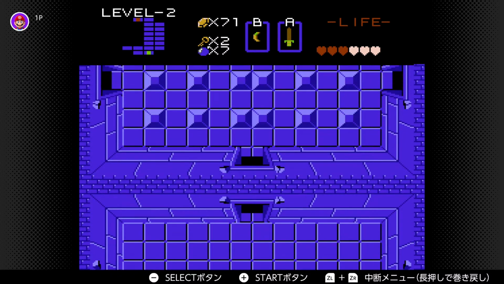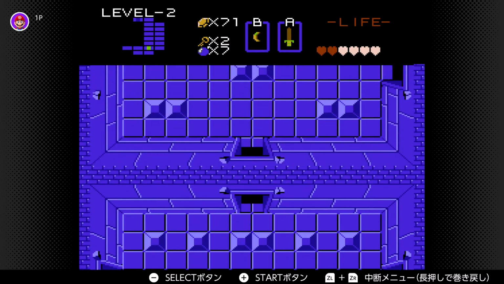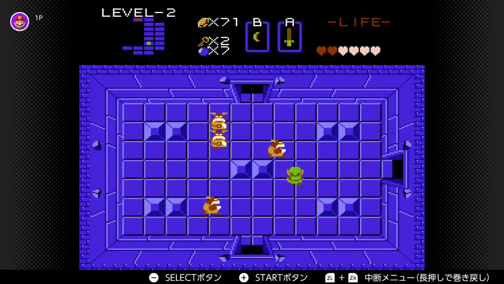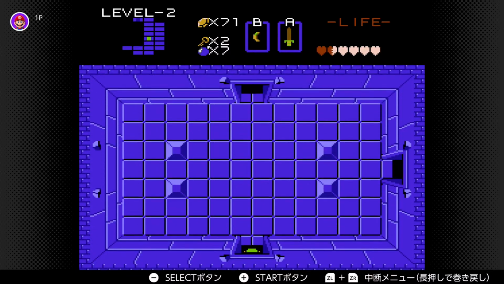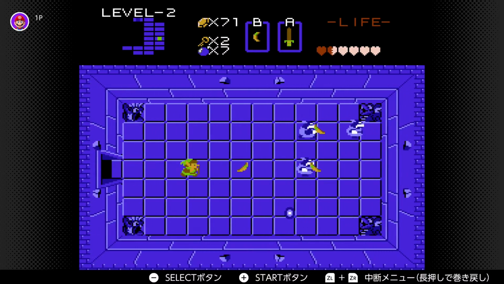Okay. To the top. This is the one we want to go into. Yes, we can see the statues that shoot at us. And then the gorillas.